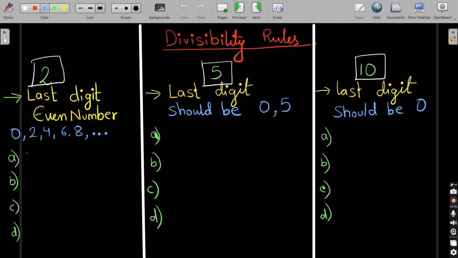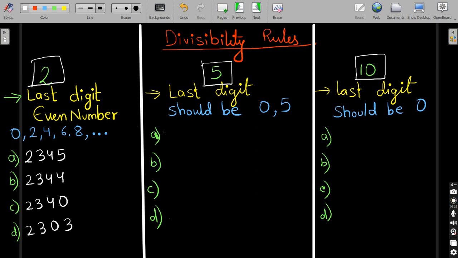Let us start by taking one example so that it will be easy for our understanding. Let me take the same examples in each case so we can easily identify it. For example, 2345, 2344, 2340, 2303. Now in these numbers, what is the pattern?